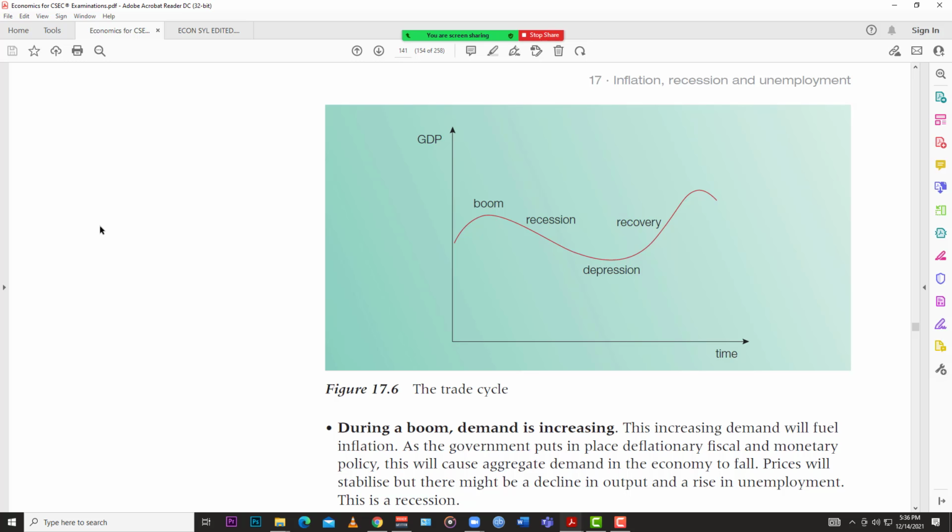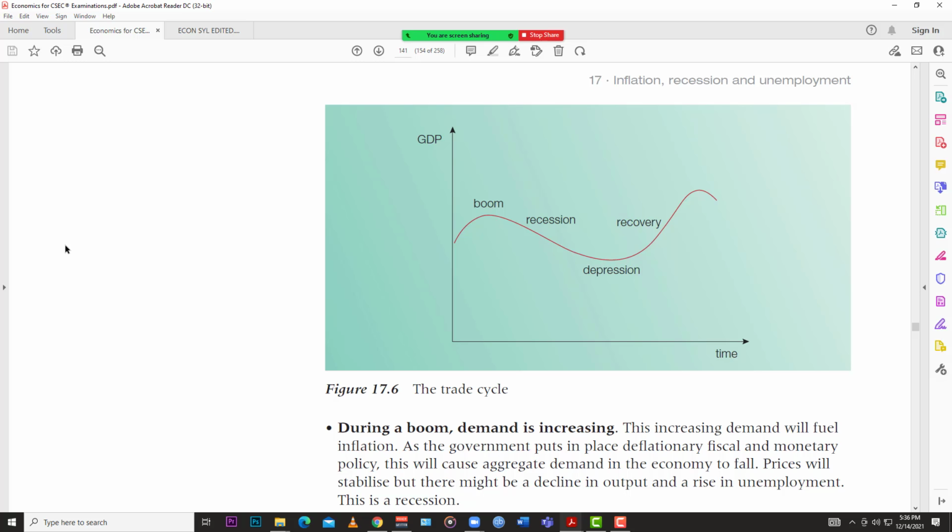And so they're going to take corrective measures by using deflationary fiscal policy or contractionary fiscal policy and monetary policy and try to reduce the demand.